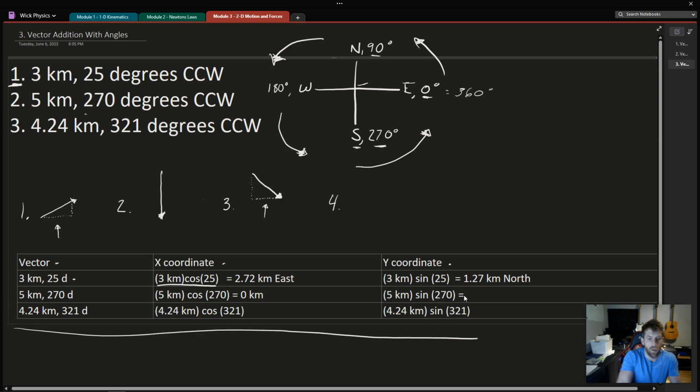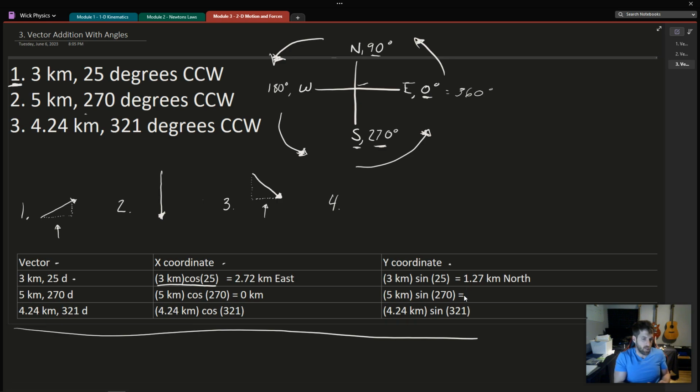And we have our y coordinate for number 2, which is 5 sin 270. And we actually get, oh no, it's -5 kilometers, which makes sense. -5 kilometers south. So that's kind of nice that you get to see an exact kilometer for that arrow. So there is no triangulation. It's just a direct 5 kilometers south.